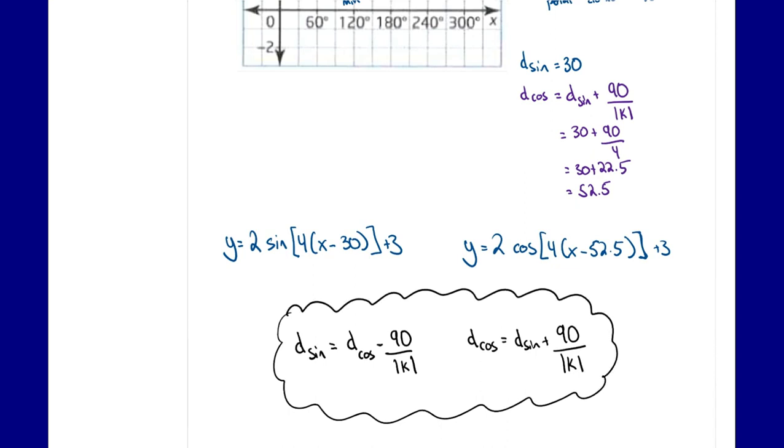So if you can't easily determine what the d value is in sine or cosine, there is a calculation that we can use to determine that.